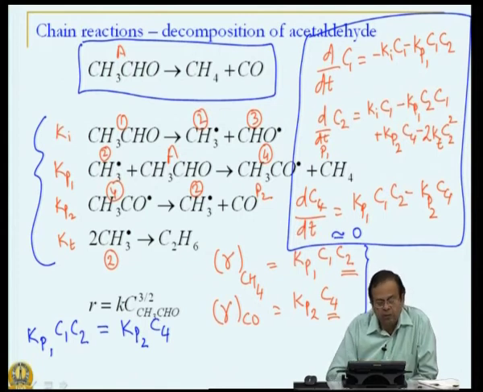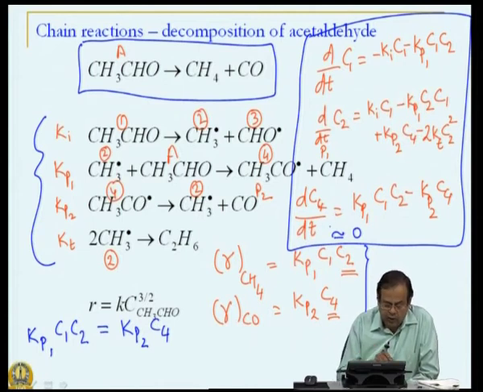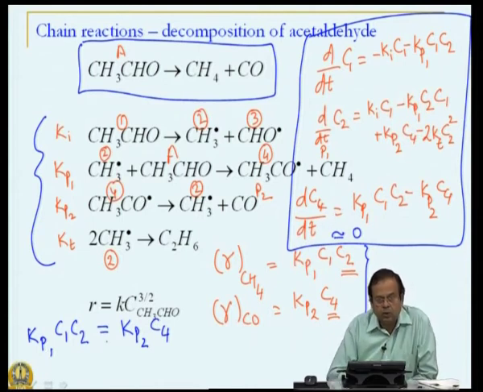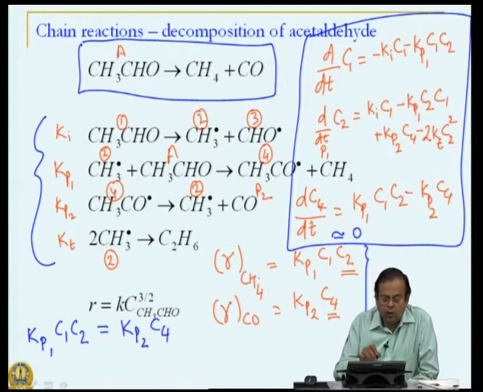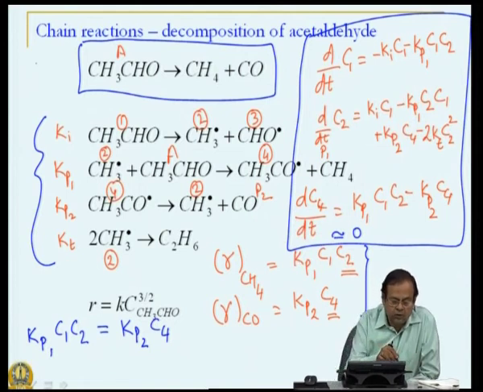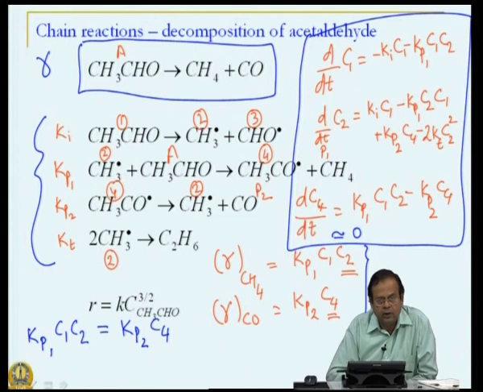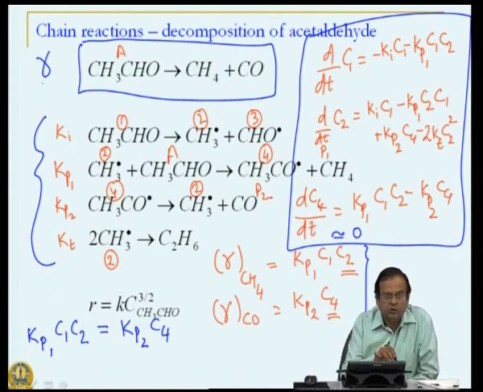So, we want to eliminate C2 and C4, so dC4/dt gave us this particular result. Now, what is the significance of this? If you remember, for our overall reaction we will have a certain rate as we have been defining earlier, and R_CH4 or the rate of formation of methane must be the stoichiometric coefficient times this R.